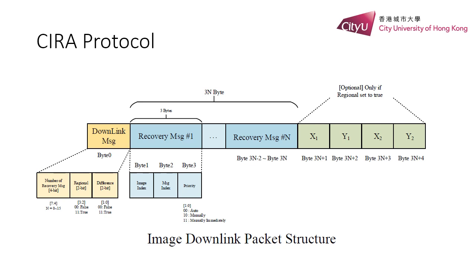After that, if we enable region, we need to tell the node the rectangular position information for the region, which is shown in the green part. If we enable the region and the discrepancy, we can reduce the transmission data size.